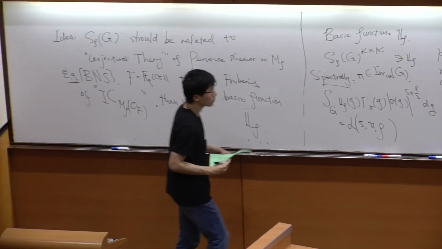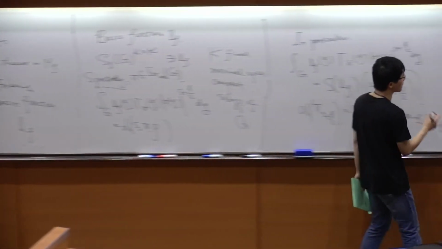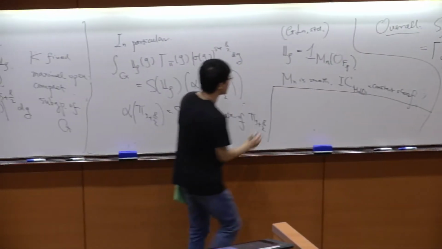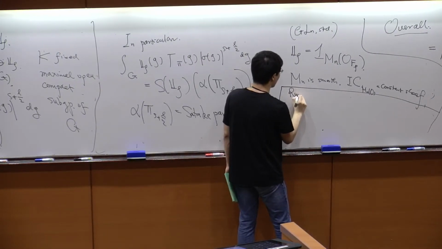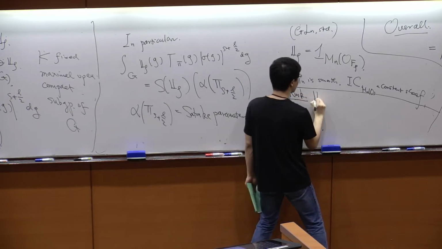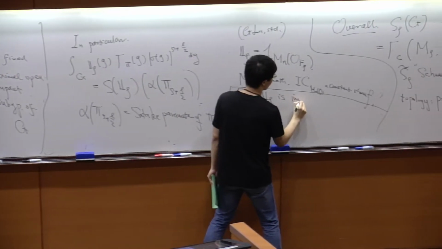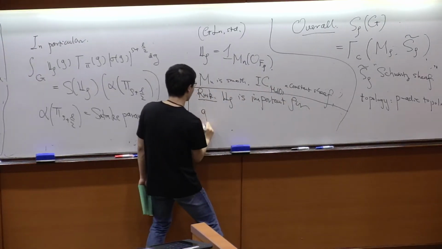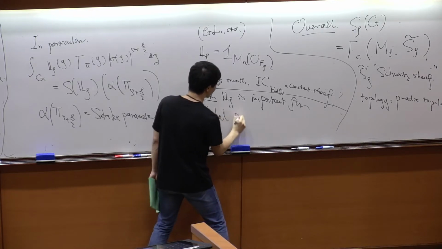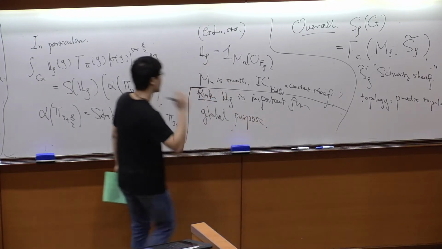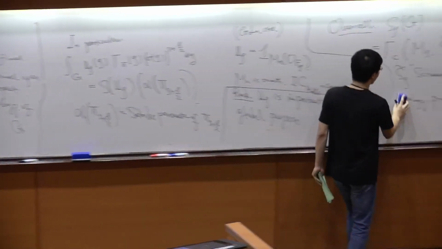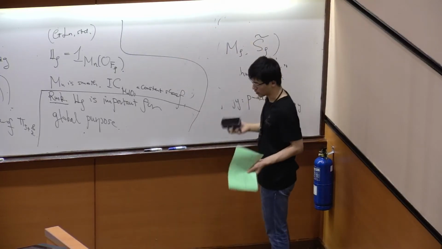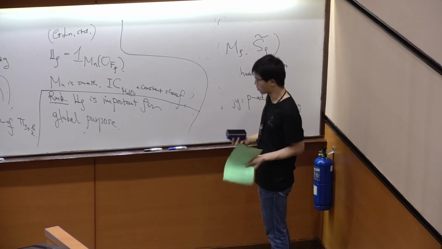Okay. And just like the global theory of Godement and Jacquet, the basic function plays an important role in the global theory. In particular, when you are going to form the global Schwartz space, then just like the Godement-Jacquet case, you need to take the restricted tensor product.